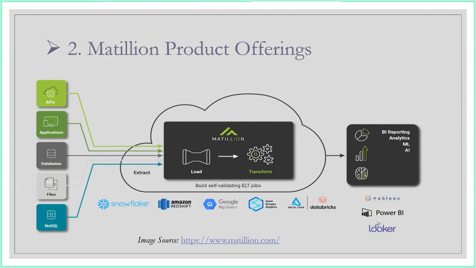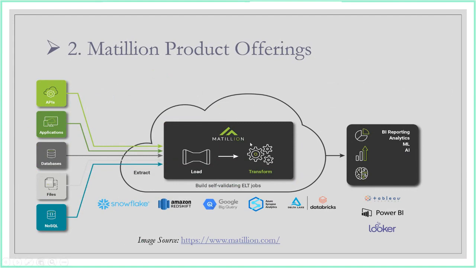Now why is Matillion for Snowflake so popular? That is because if you want to launch Matillion for Redshift, you can launch that only within AWS. You cannot launch Matillion for Redshift in GCP or in Microsoft Azure. That is because AWS, GCP, and Azure are cloud competitors, right?